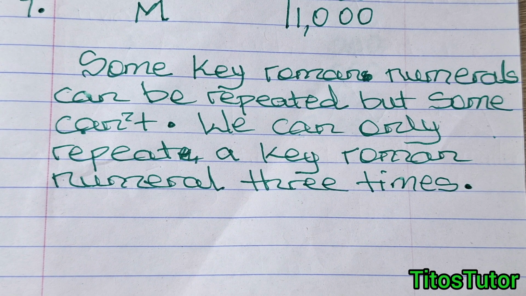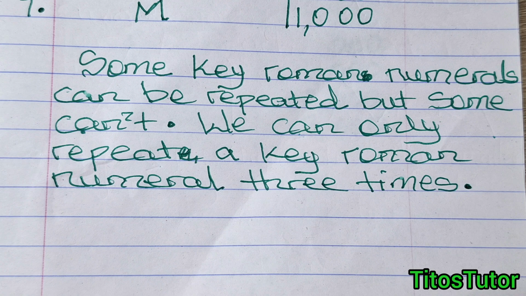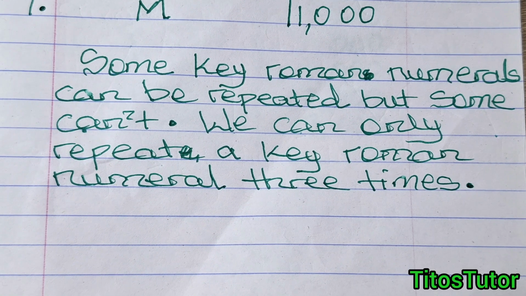We can only repeat a key Roman numeral 3 times, maximum. You can repeat it twice and you can repeat it 3 times, and that's it. You cannot repeat more than 3 times.